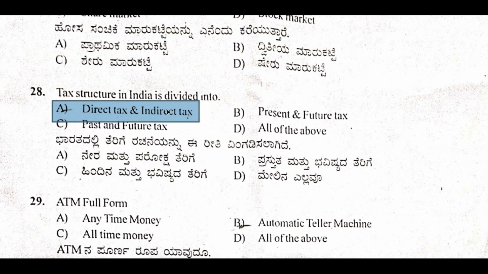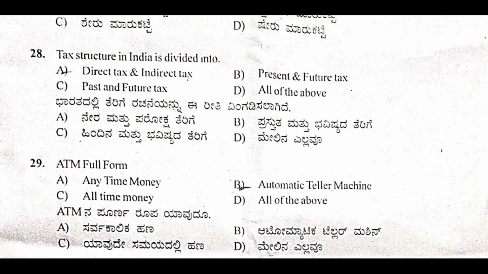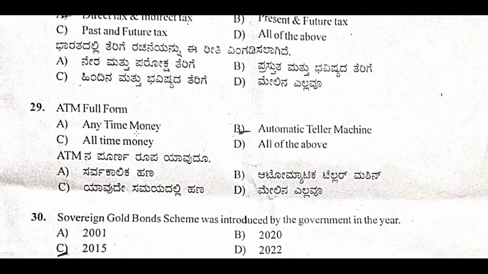Question number 29, ATM full form. A very easy question. ATM full form, option A, anytime money, or option B, automatic teller machine, or option C, all time money, or option D, all of the above? The right answer is option B, automatic teller machine.